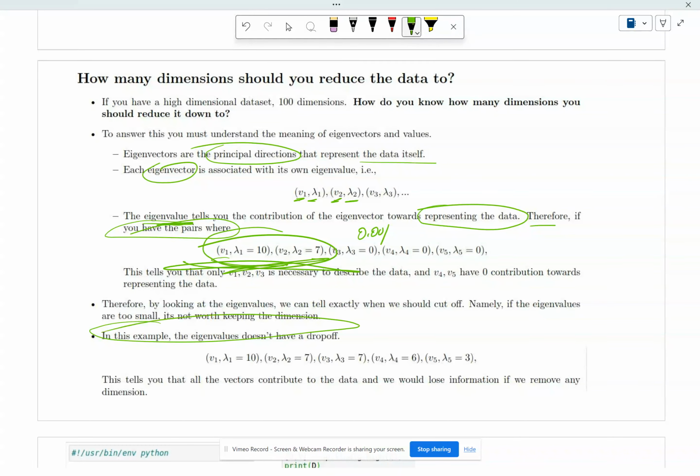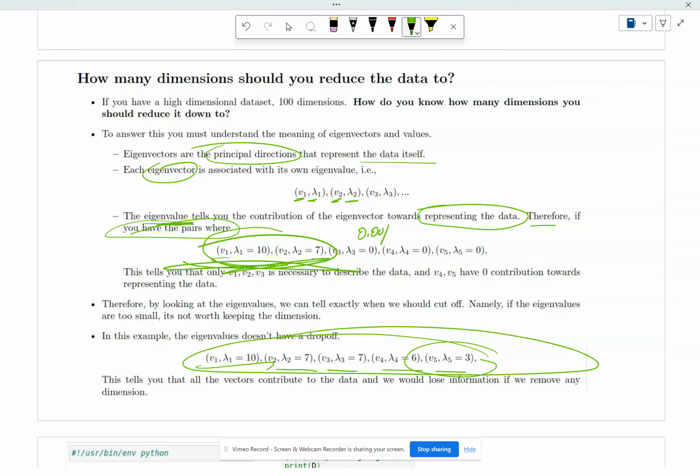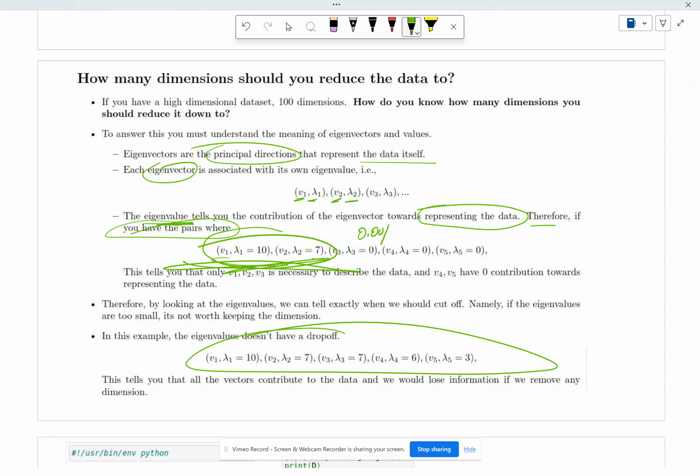In this particular example right here, notice that there isn't a cutoff. Each one of them, each direction, each vector is contributing. Therefore, this would be a bad candidate for PCA. When you see this, you look at the eigenvalues, and you say, I don't think so.